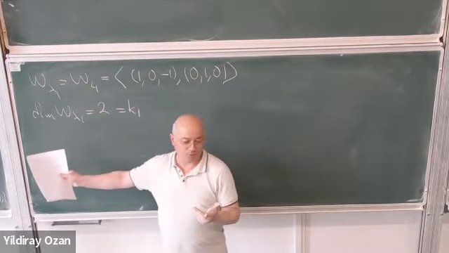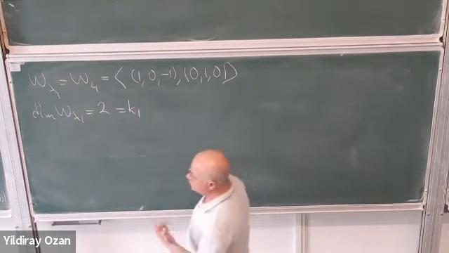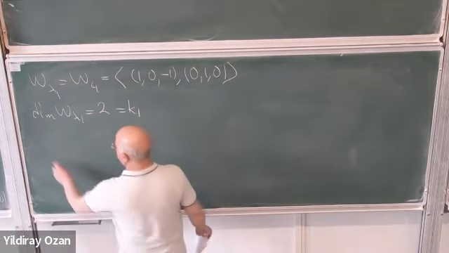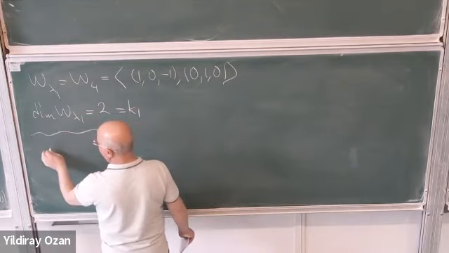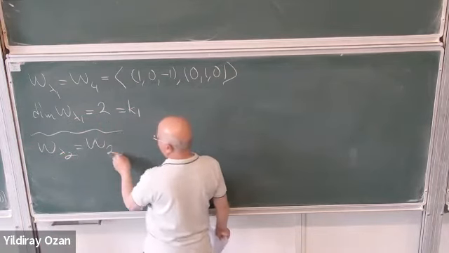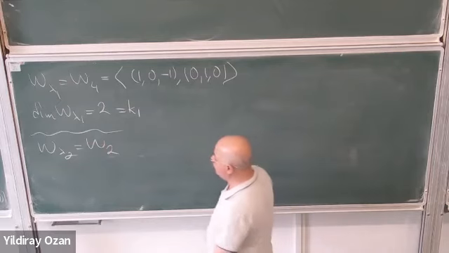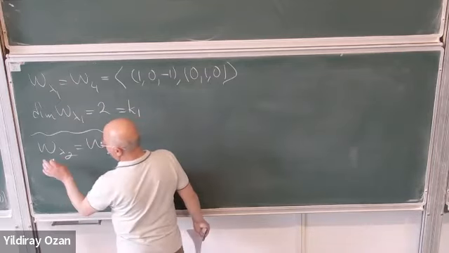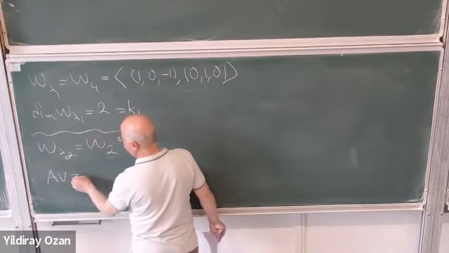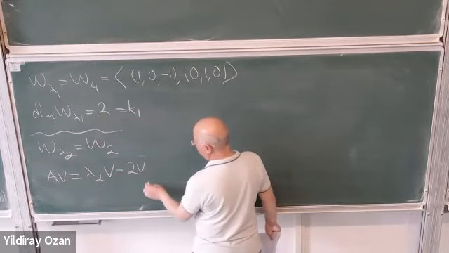For the other one, I will obtain one eigenvector, because if this is an eigenvalue, there is certainly one eigenvector. So for the second one, W2, which is just this one for the eigenvalue. So this time we consider A times B equals lambda 2 times B, so it is just 2B.